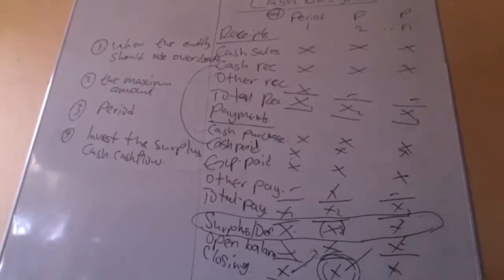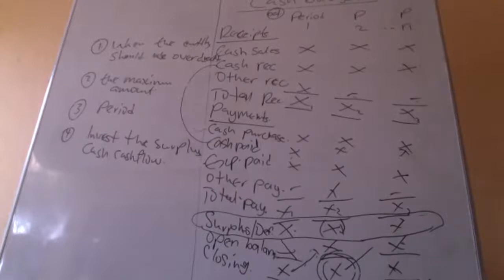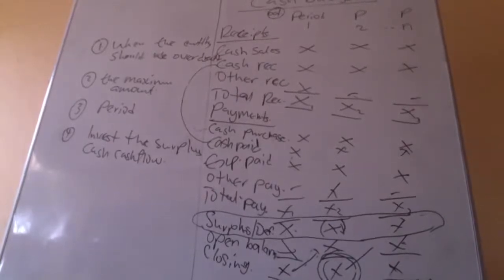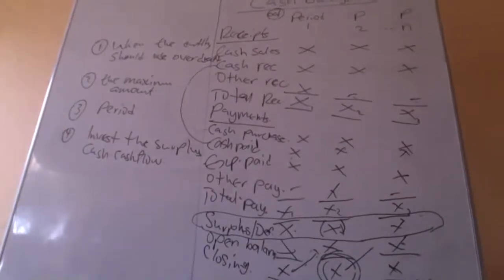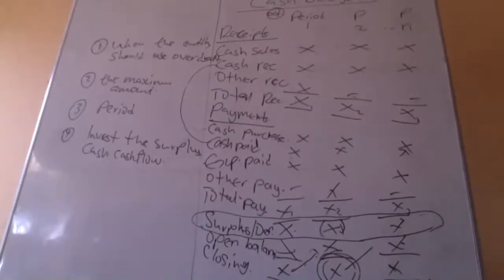Okay, so the cash budget will help the organization to avoid cash shortages in a period of high payment. Good. So yes, to let you know, and they make the decisions in advance.